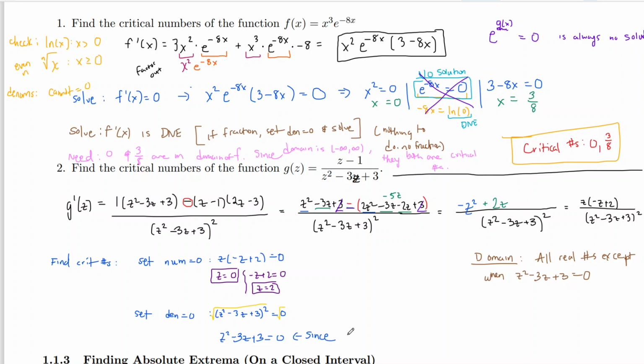So what's going on is, since this matches the equation of the numbers not in the domain, that means that when we solve this, if we get any numbers from solving this, they can't be critical values. They cannot be critical values.